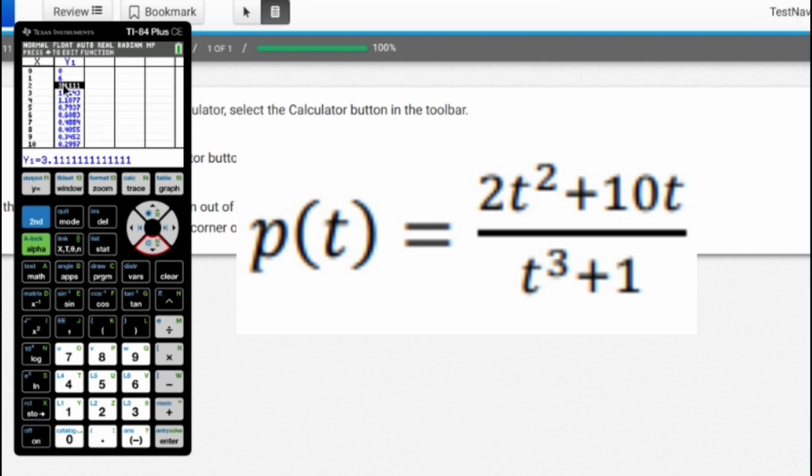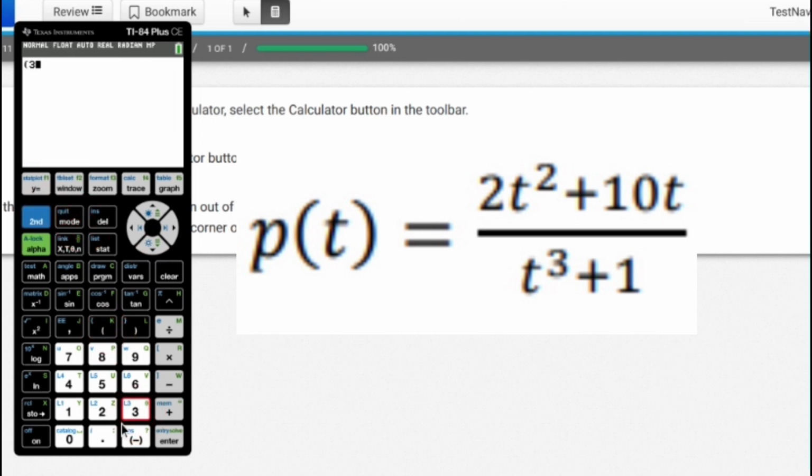Parentheses 3.111 minus 6 all over 2 minus 1. I think I can handle the 2 minus 1 part, but I'm typing it out anyway because it takes time. And we get negative 2.889.